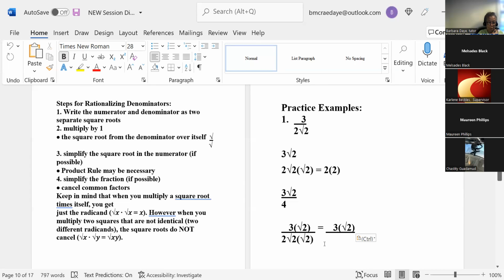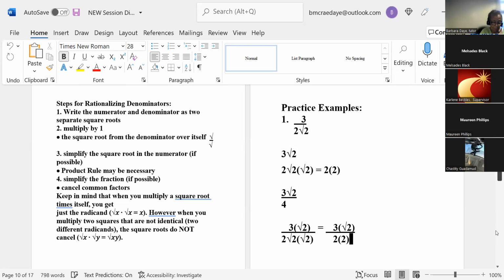Okay. Now, what would I get in the denominator, Maureen? I mean, Mercedes, what's in the denominator? 2 times what? No, radical times the radical just gives me the number 2.